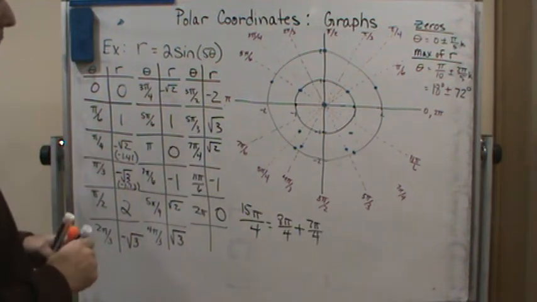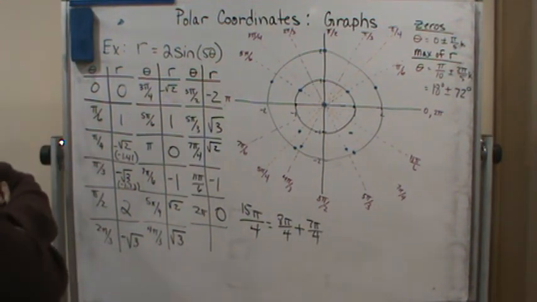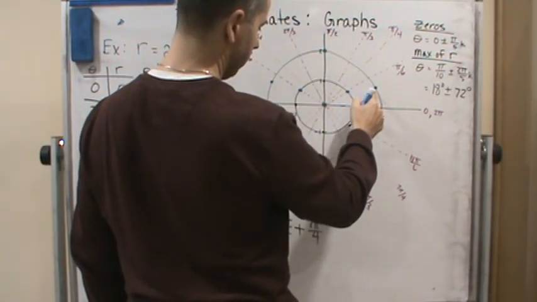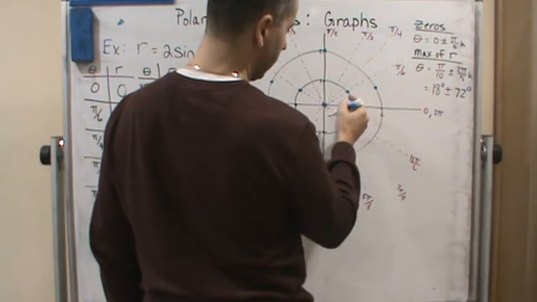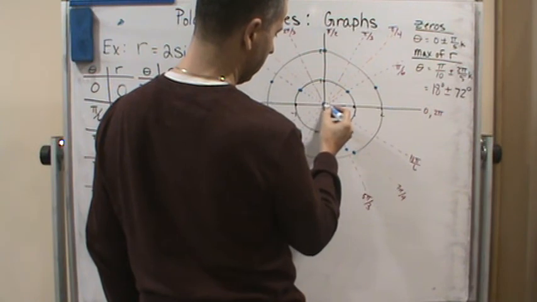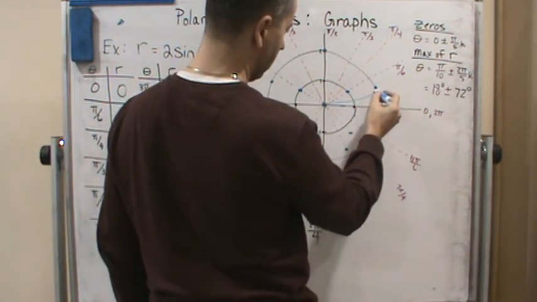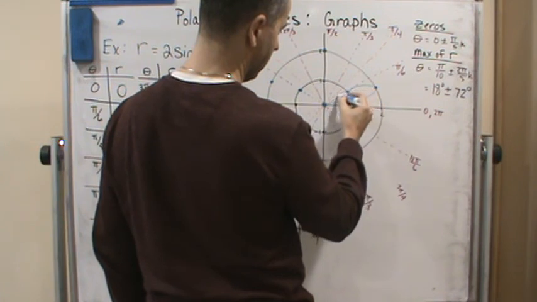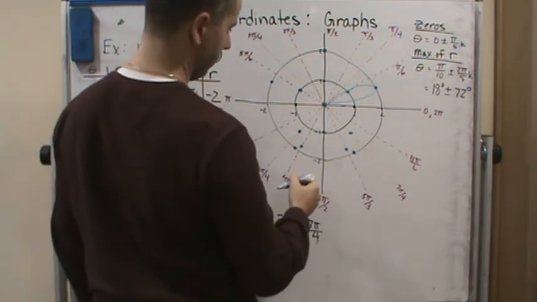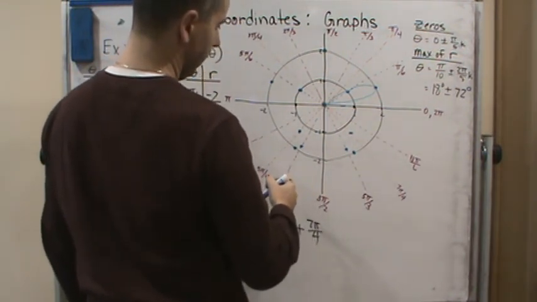And now we can go ahead and sketch this. Okay, so because here is the maximum point right here, we know it's going to go, and it's before this one, so it's going to go something like this. And then it goes negative.